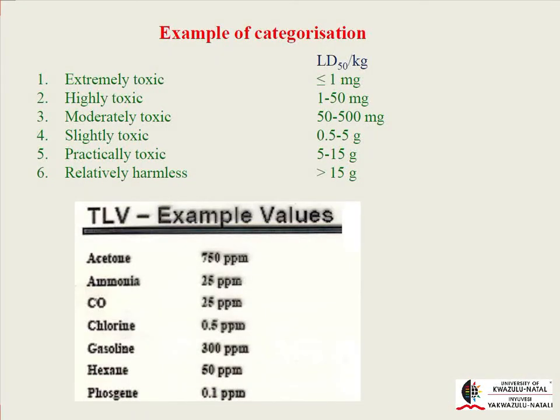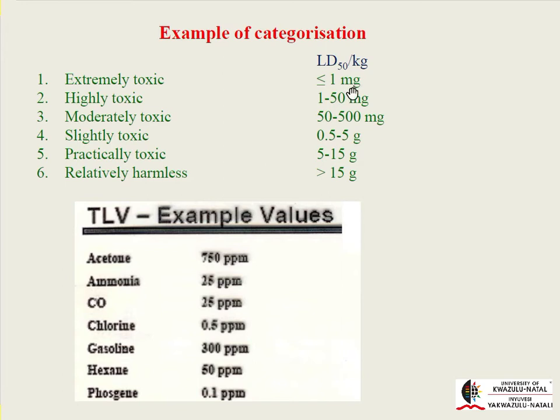In terms of categorization, what is considered very highly toxic or less toxic? This is just a table, a guide over here, your LD50 per kg of any organism. Something that's extremely toxic can actually cause adverse effects even if you're exposed to less than 1 milligram per kg.